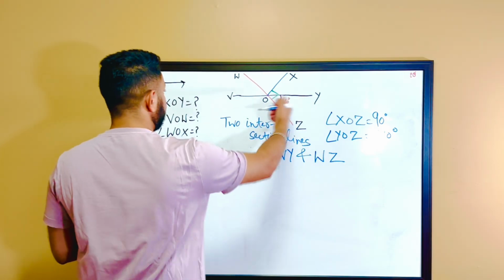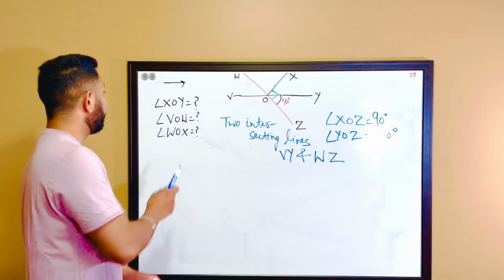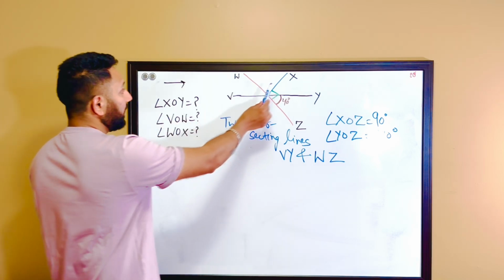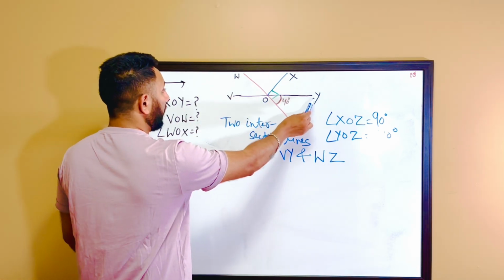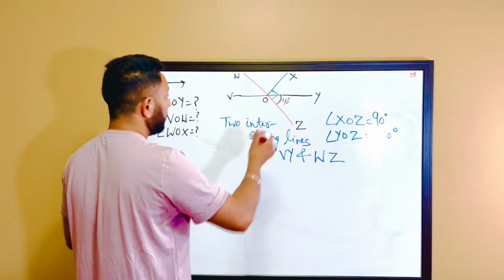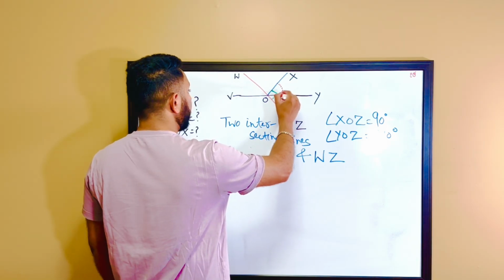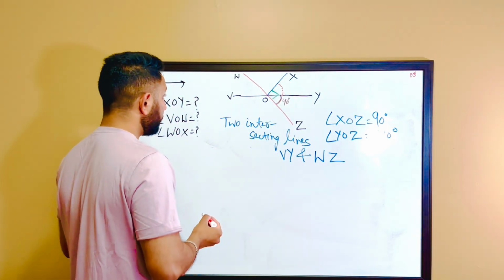So these are the two intersecting lines that are given to us. What we need to find out is XOY. This is the angle that we need to find out.